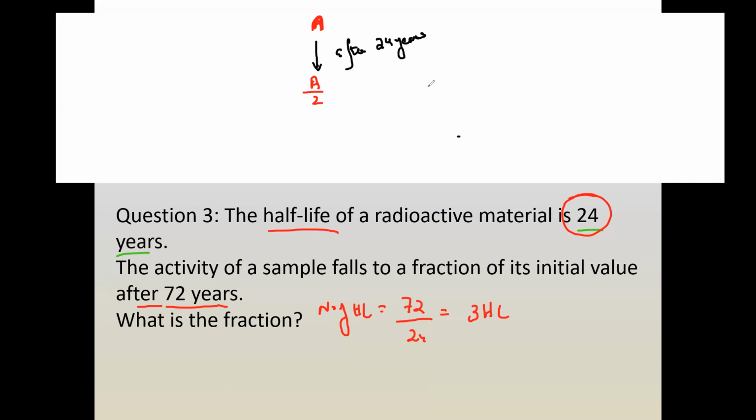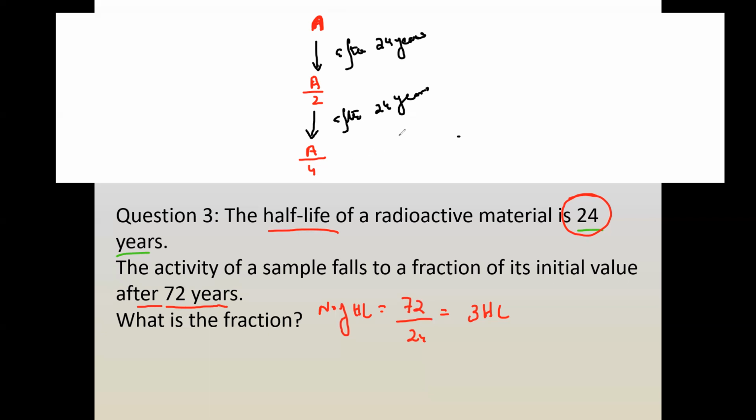Then after another half-life, after another 24 years, what will be the amount? The amount will be A by 4, because first it was A, half of A is A by 2, then half of A by 2 is A by 4.